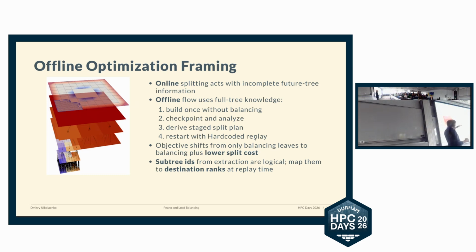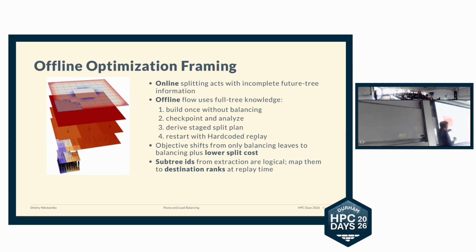And then as we get the split plan, at stage 3, we get the split recommendation. And now we are ready to restart our simulation with a hard-coded plan, which means we use these splitting instructions to insert into the restart of the simulation, so to say.